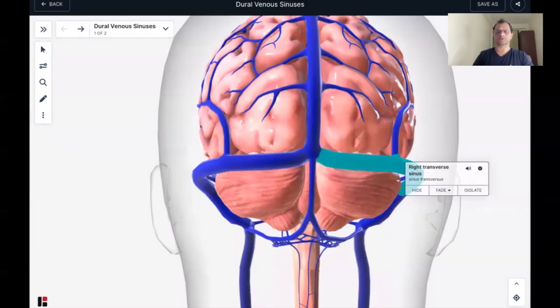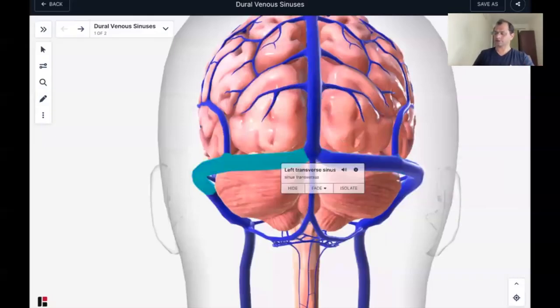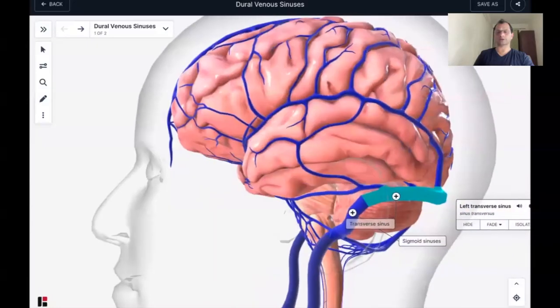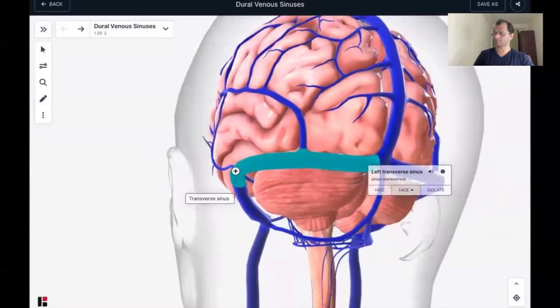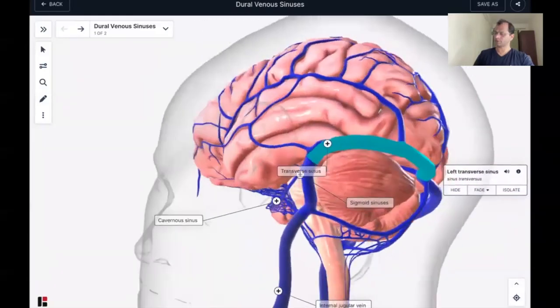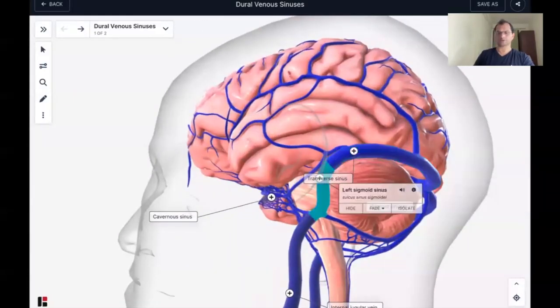The right transverse sinus supplies the right part of the brain on the back side. The left transverse sinus supplies the left part of the brain on the back side. We can see how it's supplying the back side, meaning collecting blood from the back side. Then it becomes S-shaped, so we are calling it the sigmoid sinus.